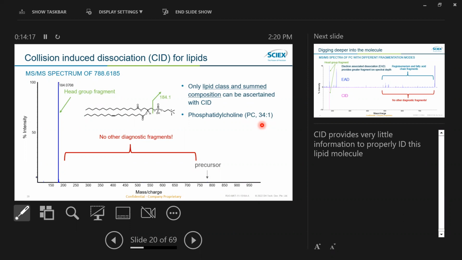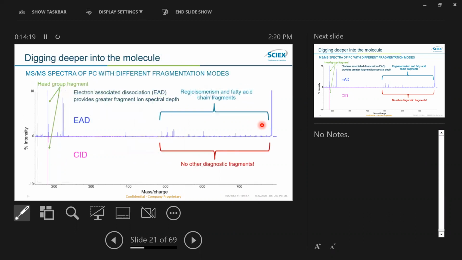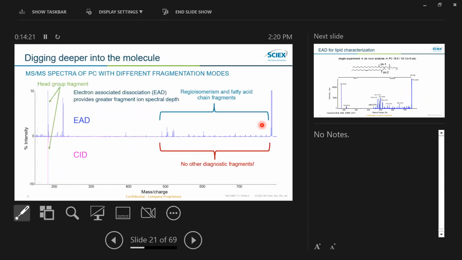About a year and a half ago, a newer technology came out from SCIEX on the ZenoTOF 7600 instrument that was released at ASMS the year before last. This instrument offers an alternative fragmentation that we call electron activated dissociation, or EAD for short.